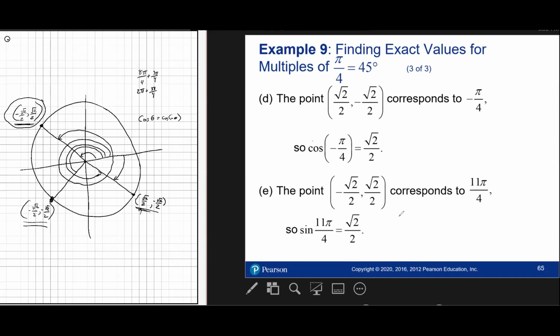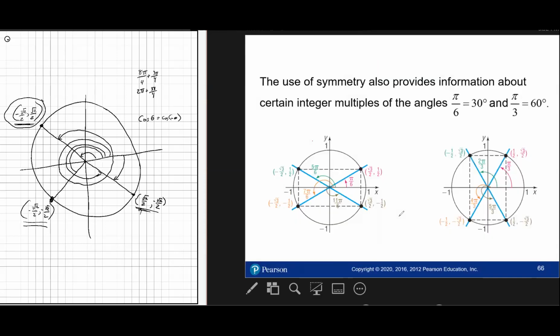Okay. Where are we? Now we can use symmetry to provide information about the integer multiples of, all right, I already talked about that, about how the symmetry works.